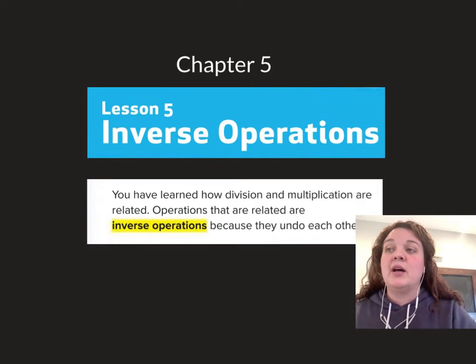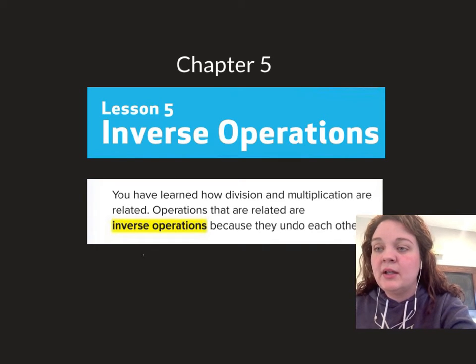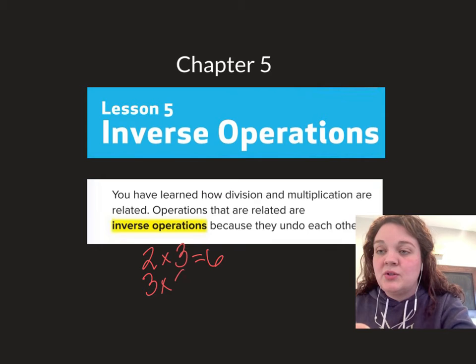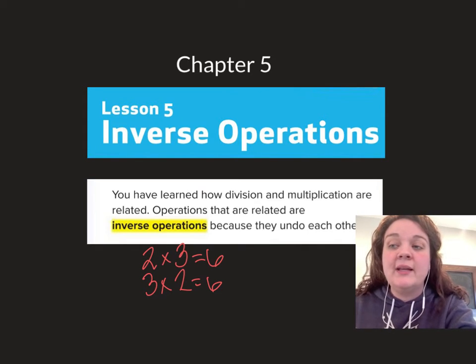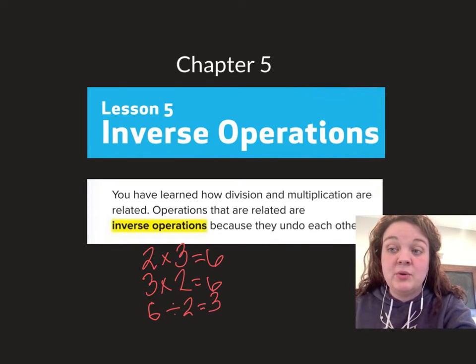Right? So when we were drawing our maps, our fact families, we could do 2 times 3 equals 6, 3 times 2 equals 6. And then if we were to undo it, we could say, if I took 6 and divided it into 2 groups, I'd get 3 in each group.